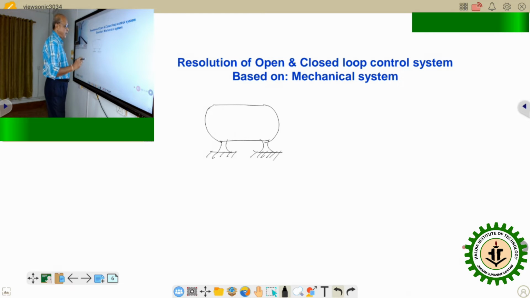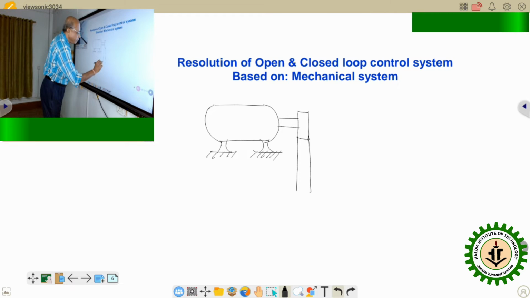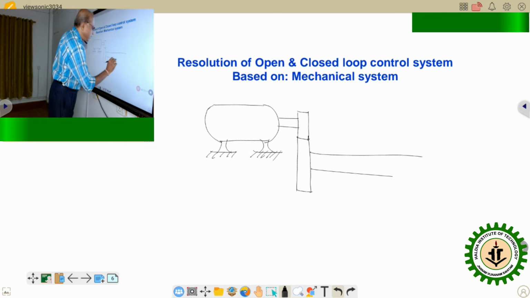You have to recall the arrangement of the open loop control system. This is the output shaft. This is a small pinion. Now this is a large gear. This is the lead screw.